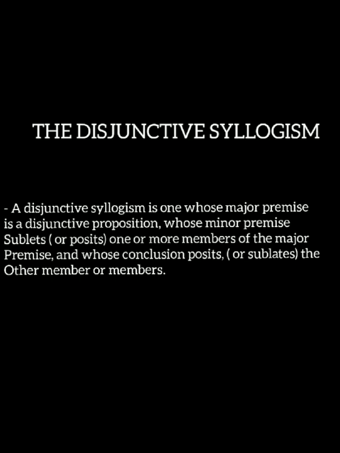So the other definition of disjunctive syllogism is it is a hypothetical syllogism in which the major premise is a disjunctive proposition. The example of this is: either he is a criminal or he is a non-criminal, but he is a criminal. Therefore, he is not a non-criminal.